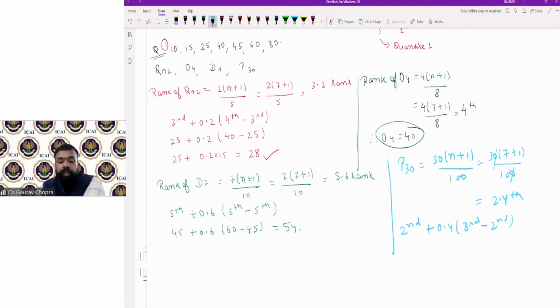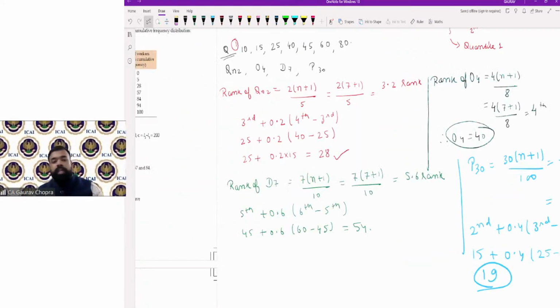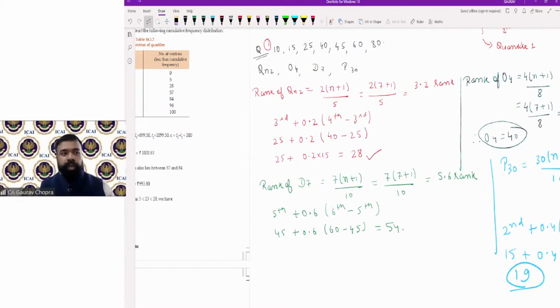Now what is the second value? It is 15 plus 0.4 into 25 minus 15. So what is the final answer? Final answer is 19. Yes, 19 is correct. So in this way, we can calculate our positional values.